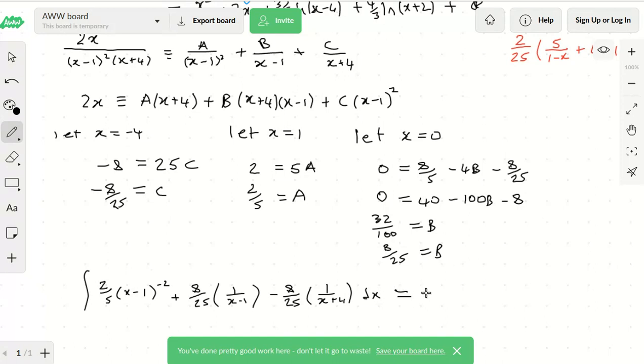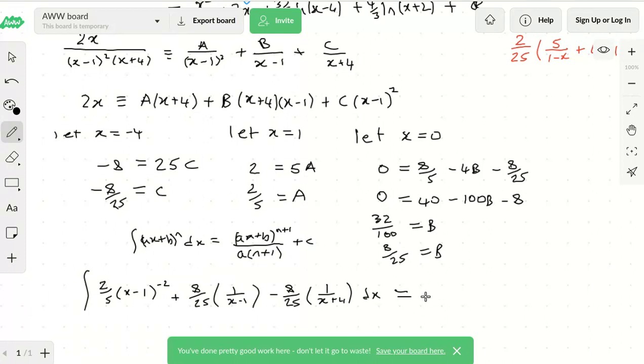It's probably this term which is going to stress you out the most, but remember, if you're ever integrating ax plus b to the n, and n isn't minus 1, it only works when n isn't minus 1, you can just increase the power by 1, because it's a linear function, and divide by a times n plus 1, plus your constant c. So that's what I'm going to use to integrate this.